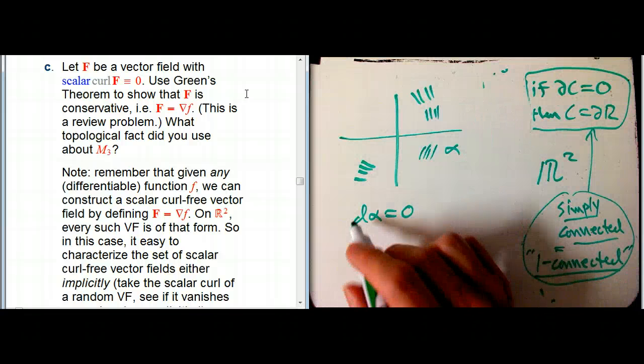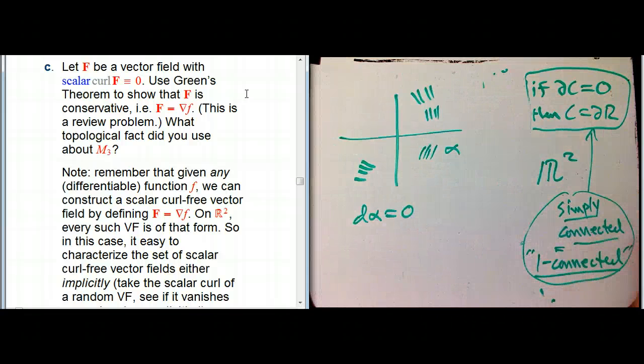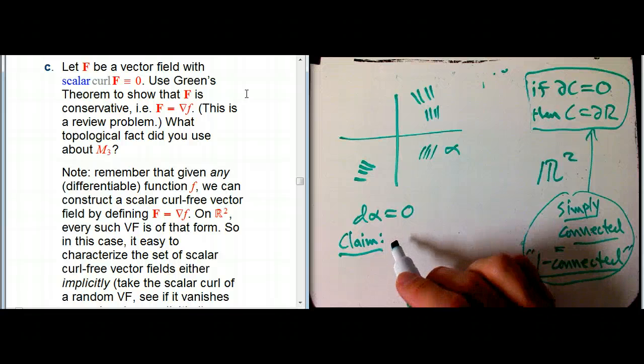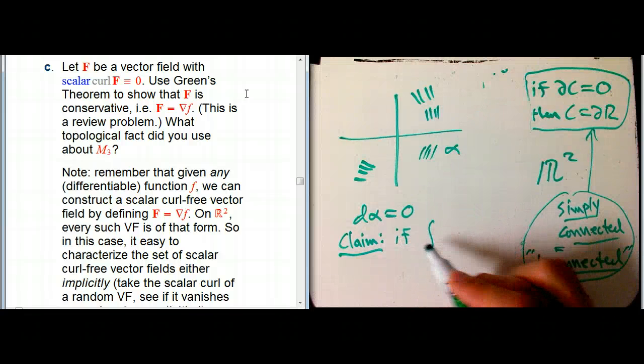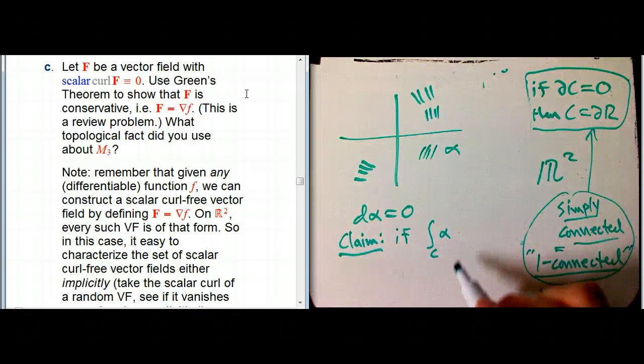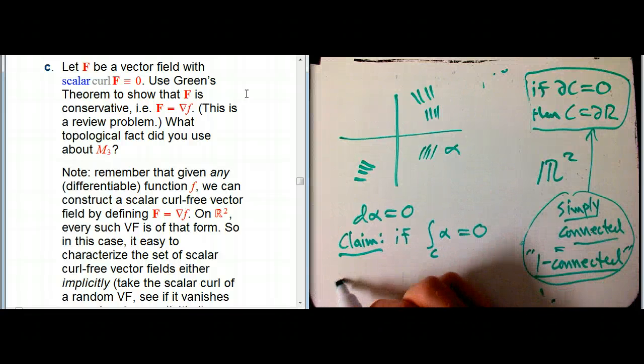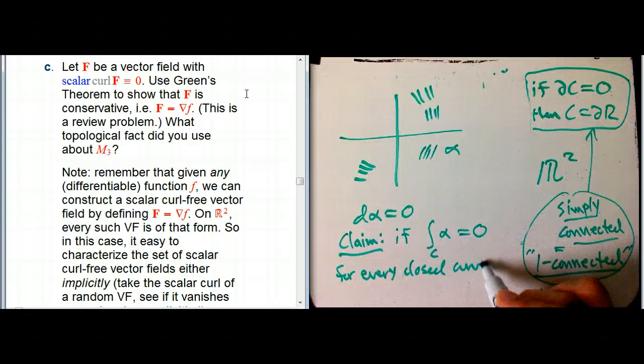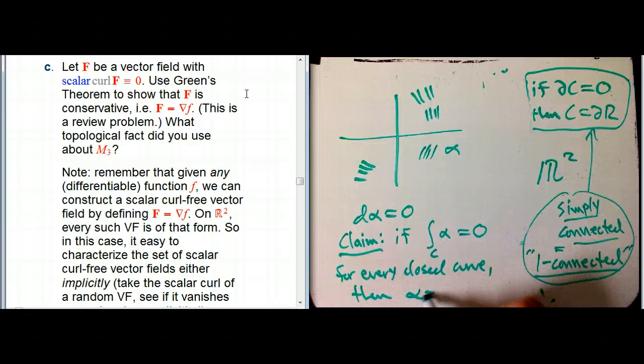We're going to have to use a little bit of knowledge that we haven't explicitly talked about so far in the context of differential forms. Here's the key claim: if the integral of alpha over a curve equals 0 for every closed curve, then alpha is exact, is df for some f.